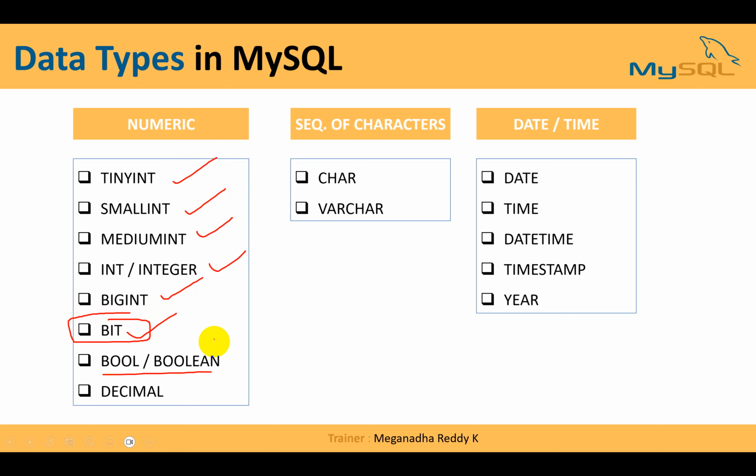And Boolean will store true or false. 0 indicates false, anything else is true. And decimal will have 2 parameters like this. We discussed it. Char for storing fixed size data, varchar for storing varying size data, date and time are used to store date and time values, and year will store year. Timestamp, let's not worry about right now. So these are the different types of data types in MySQL.